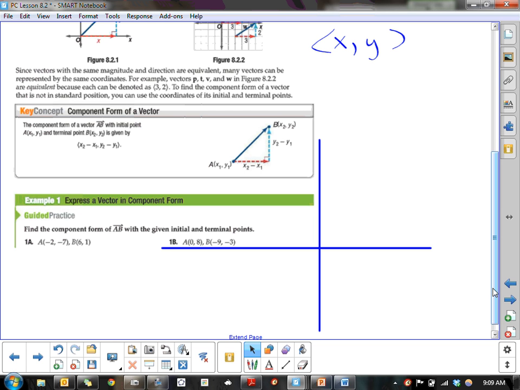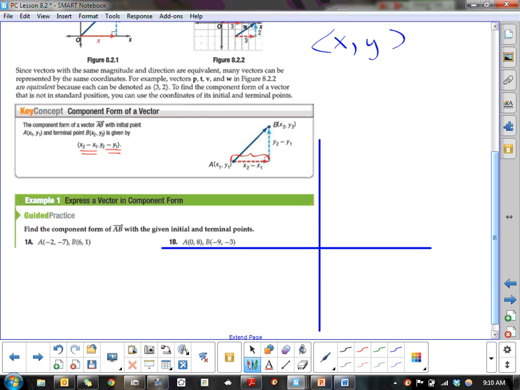But in order to find the horizontal component, you want to know its length. To find the length of its horizontal component, you would simply figure out how long it is between the first point and the second point. Yes, order makes a difference. You always want to subtract the beginning from the terminal. Notice how they have x2 minus x1, y2 minus y1.